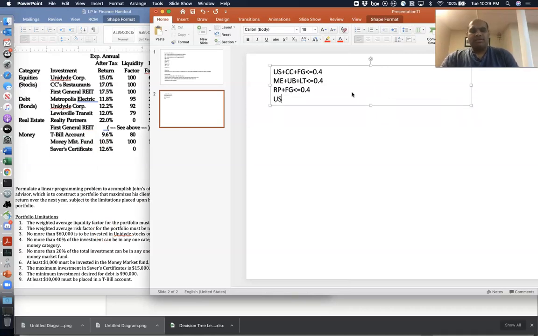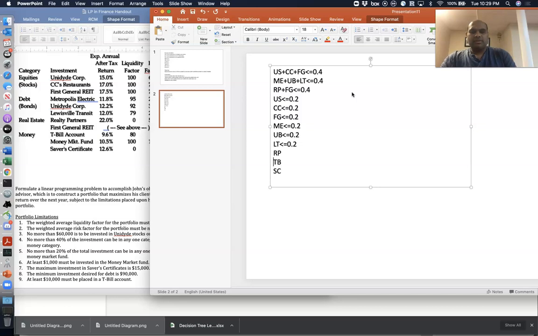So you say US is less than or equal to 20%, CC is less than or equal to 20%, then first general is less than or equal to 20%, ME is less than or equal to 20%, UB, LT, RP, then you have TB, money market, there's no constraint, then you have SC.